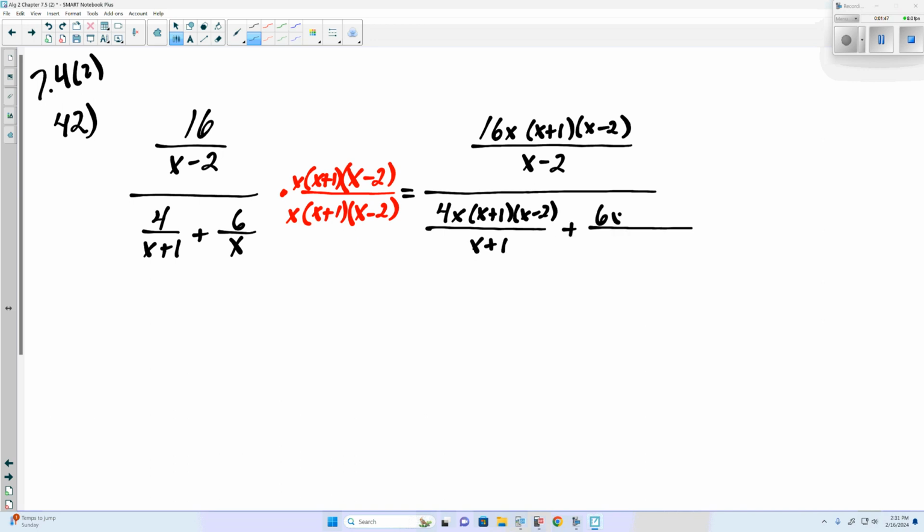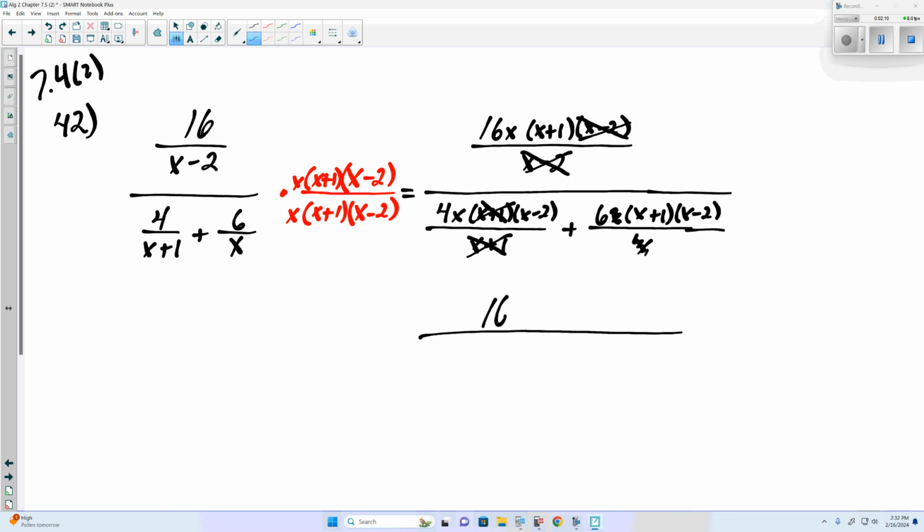And our last one would be 6x times x plus 1 times x minus 2 over x. Now we would cancel out or simplify our top and bottom, x minus 2 and x minus 2. Here we'd have x plus 1 and x plus 1. And the last one would be x and x.